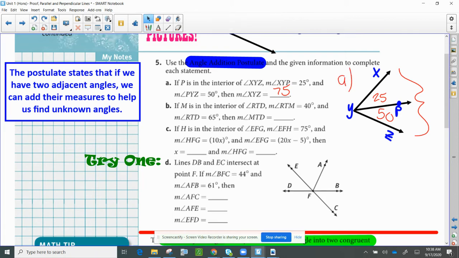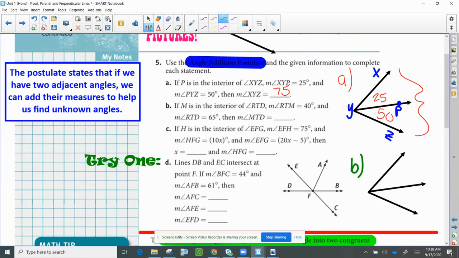If we look at example B then, I'm just going to grab another angle for myself. Let's look at example B. So we have M is in the interior of angle RTD.